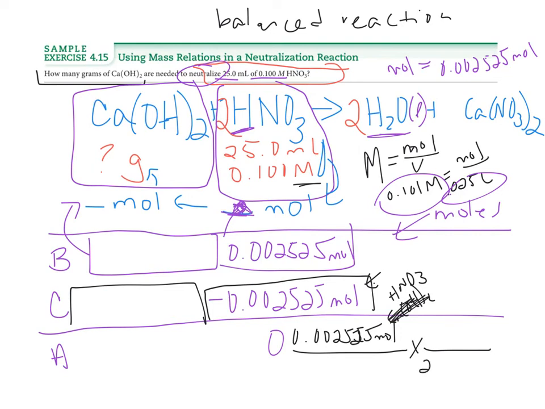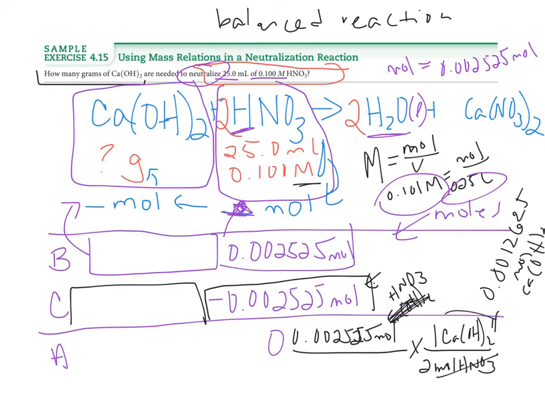So for every 2 moles of HNO3 I have, I will need 1 mole of calcium hydroxide. And so therefore I'm going to need 0.002525 divided by 2, which is 0.001263.